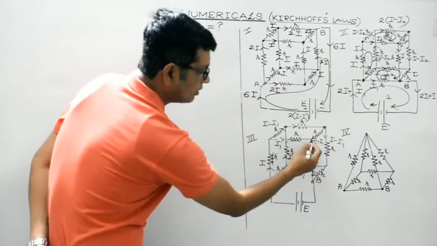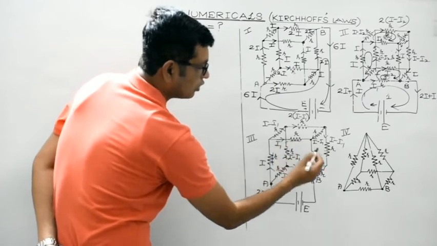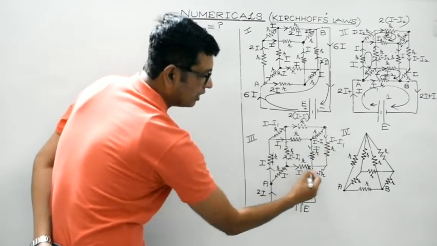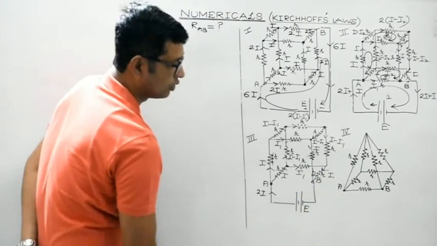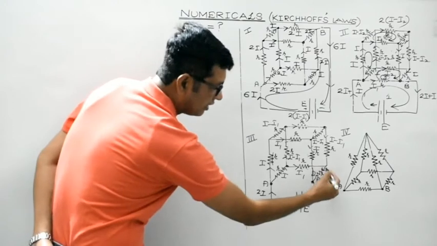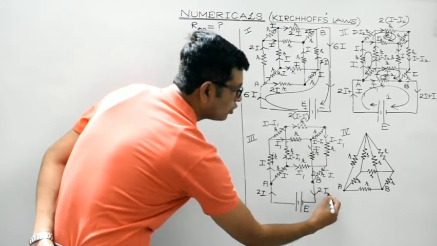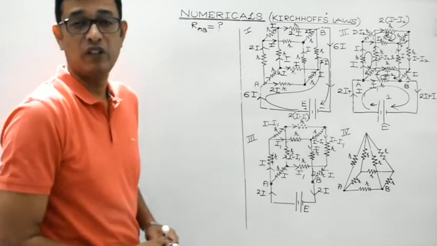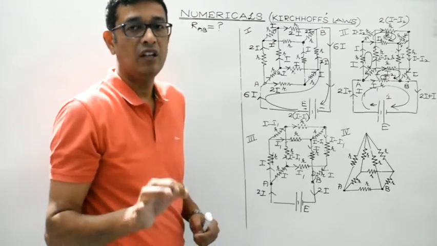This point will act as a junction, with I minus I1 and here I1, so the net current is I. Here I minus I1 and over here I1, so the net current over here would be I. Look, at this point the current entering is I and this is I. So what is the net current? It is 2I.